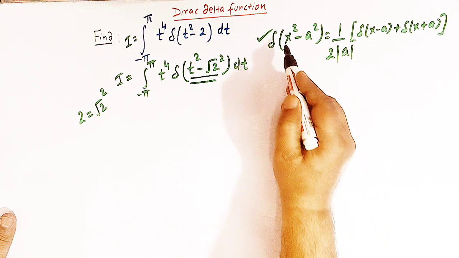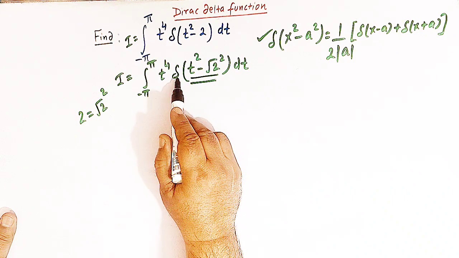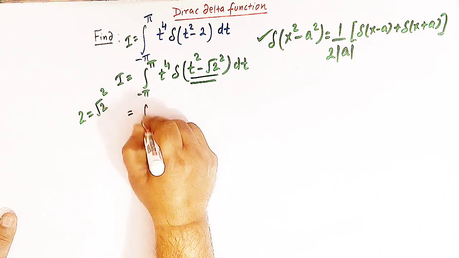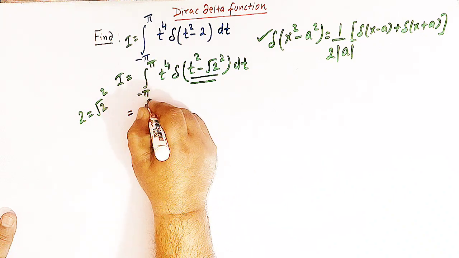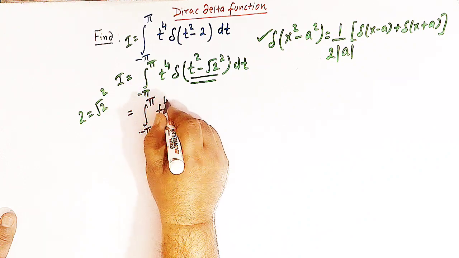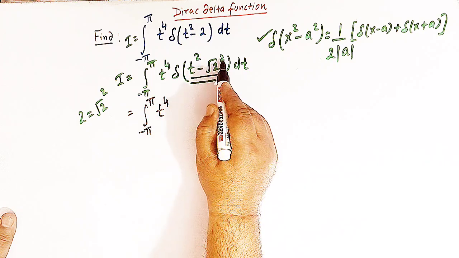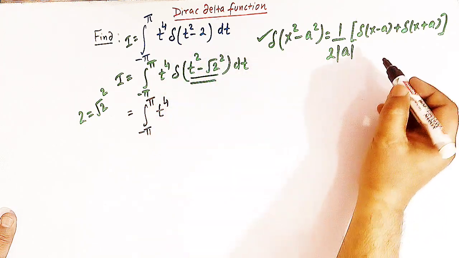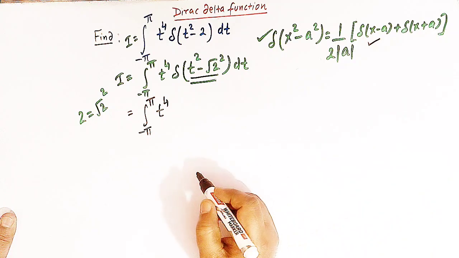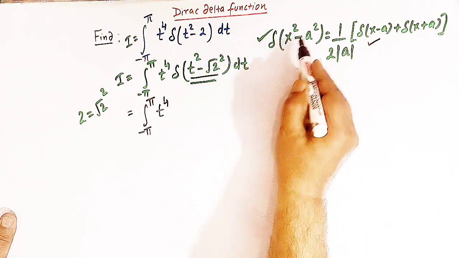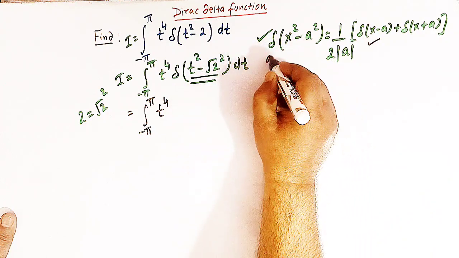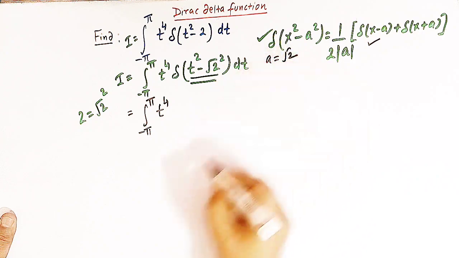So now let us apply this property to this delta function. So we have here integral from minus pi to pi, then t raised to 4, and delta of t square minus root 2 square can be written with the help of this expression. So if we compare these two expressions, then the value of a is the square root of 2, right?